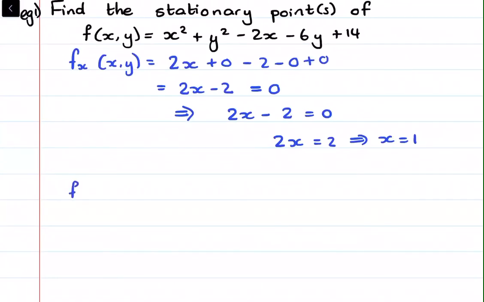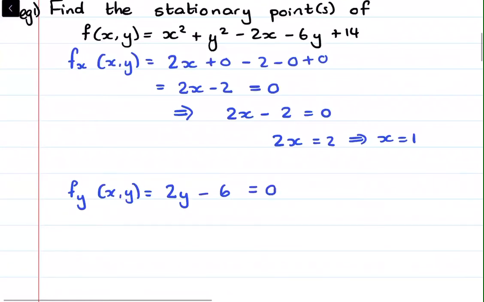Now let us find the partial derivative with respect to y of f(x, y). Differentiating partially with respect to y, we have 2y minus 6. The definition says I am supposed to equate this to 0, so 2y is equal to 6, so y is equal to 3.